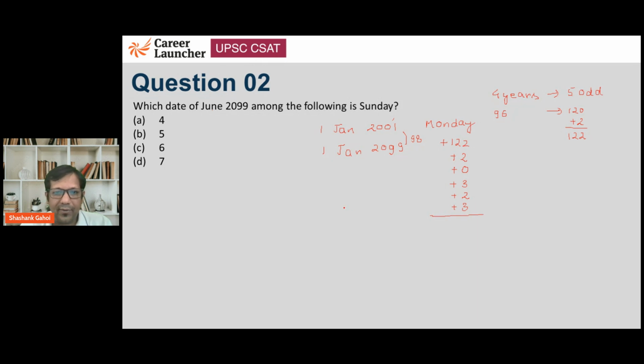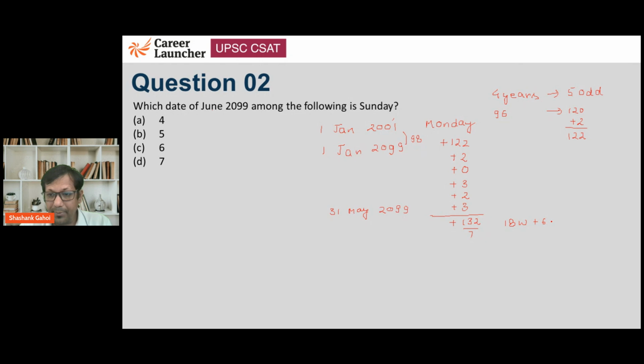So this we have calculated till 31st May 2099. So how many odd days are we going to have? We are going to have 132 odd days. If I divide this value by 7, because I need to figure out how many weeks it is, it is going to be 18 weeks and 6 days.